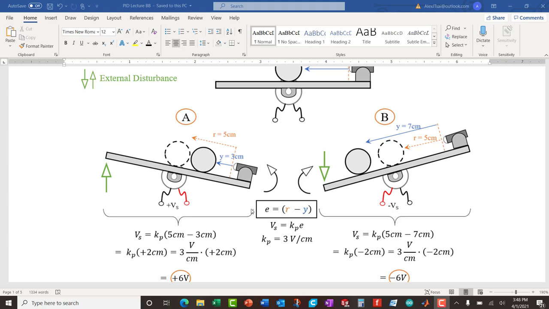So for example, if I pay the engineer $1 million to design such a device, my specification would be, please make sure that the ball, when it is displaced, goes back within a certain amount of time, within 1 second. And not only that, make sure it doesn't go back oscillating.